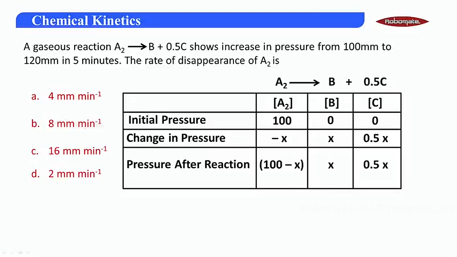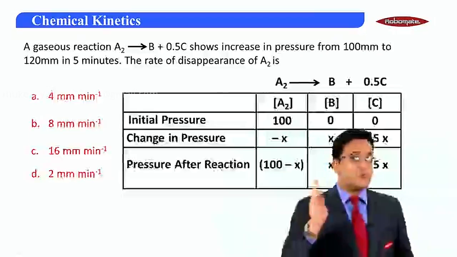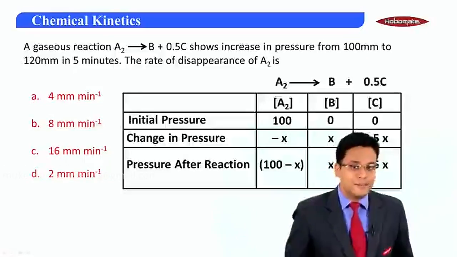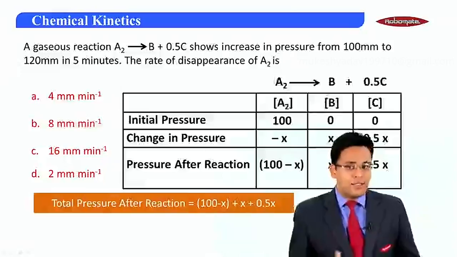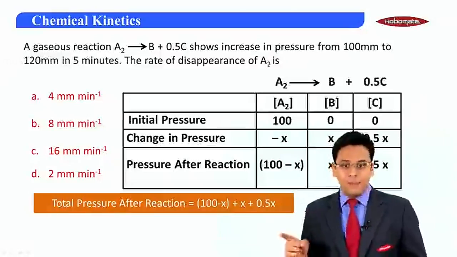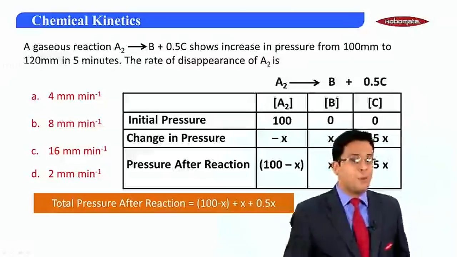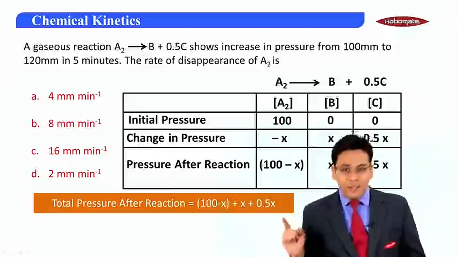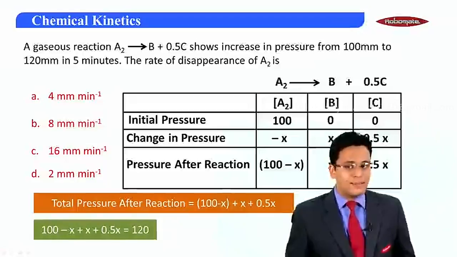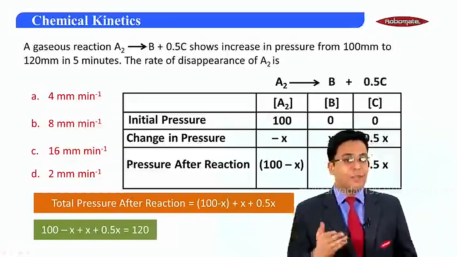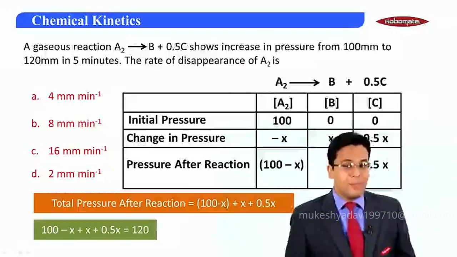So 100 minus X, X and 0.5X represent partial pressures of A2, B and C. So if I have to take the total pressure, I just have to add them. 100 minus X plus 0.5X, and this total addition will come up to 120, because that is the given data. After 5 minutes, the pressure becomes 120 mm.